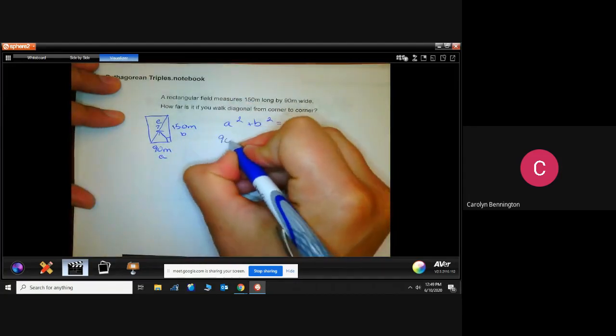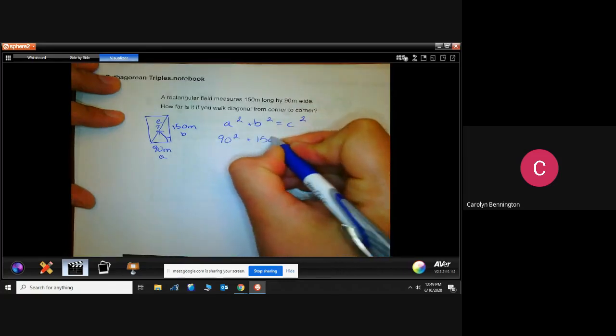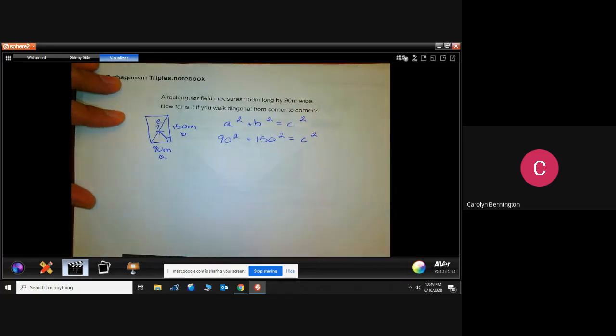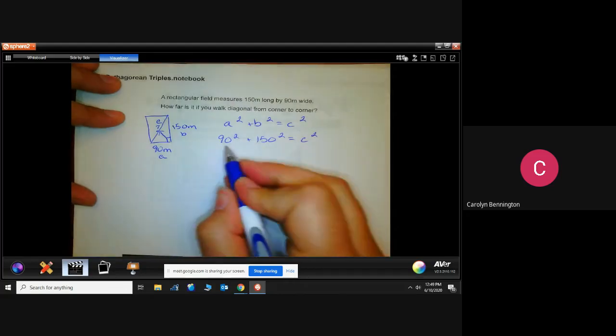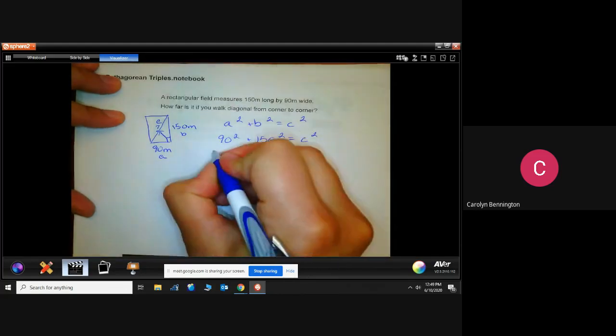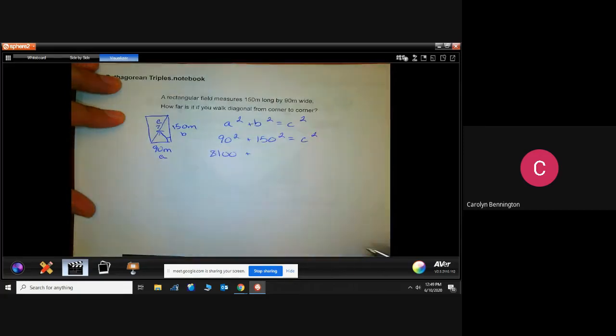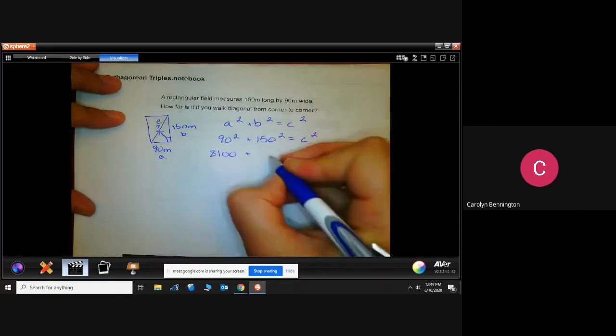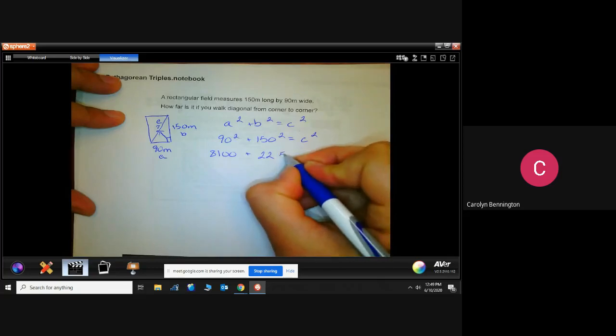So we'll have 90 squared plus 150 squared equals C squared. So square the numbers that we've got. So 90 squared is 8100. 150 squared is 22,500.